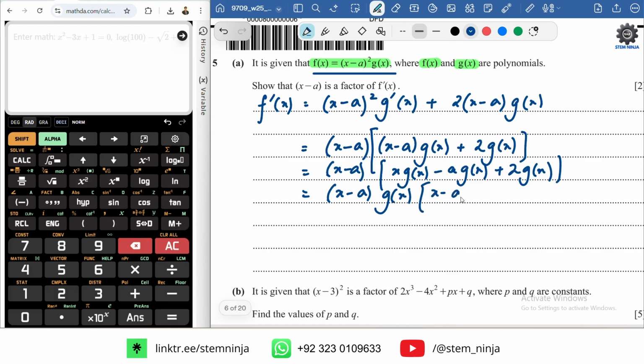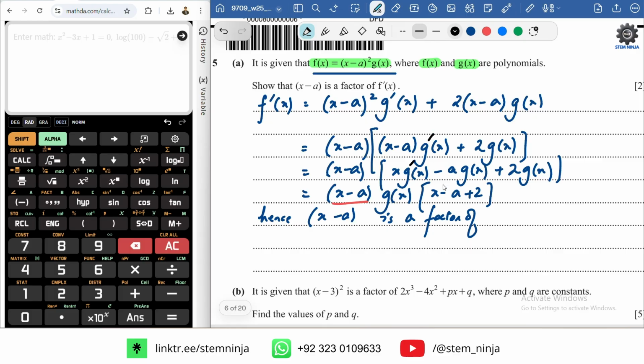Since x minus a is a factor, hence x minus a is a factor of, oh sorry, no, this one was g prime.